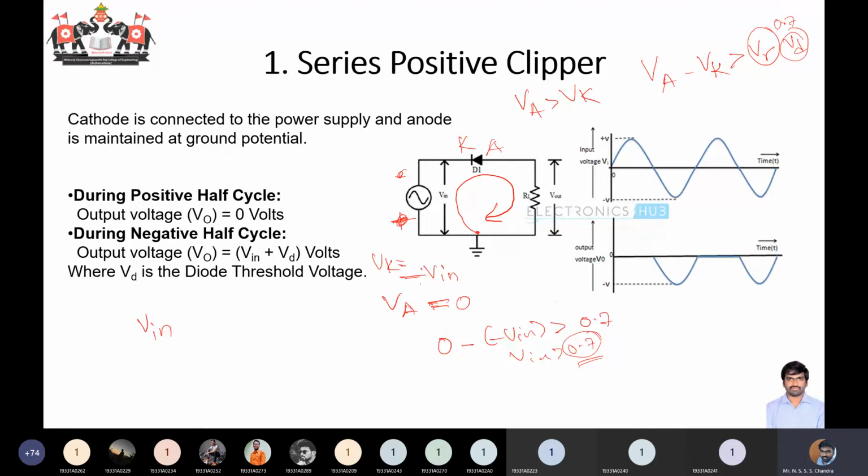Always consider the cathode as the lower voltage, so when I'm moving from cathode to anode, there will be an increment in voltage. Then when I'm moving from the positive terminal of the output to the negative terminal of the output, it is a drop in voltage, that is minus V0 equal to 0. So your V0 will be equal to Vin plus that drop, that's how you got this.